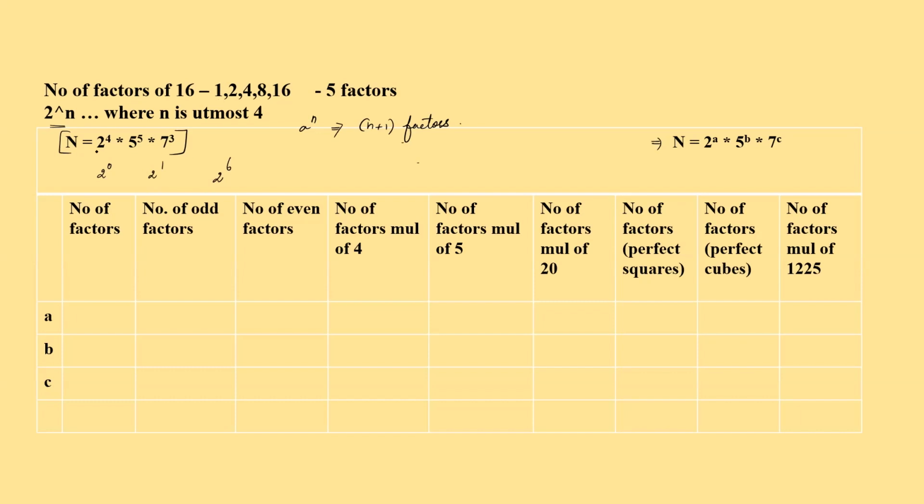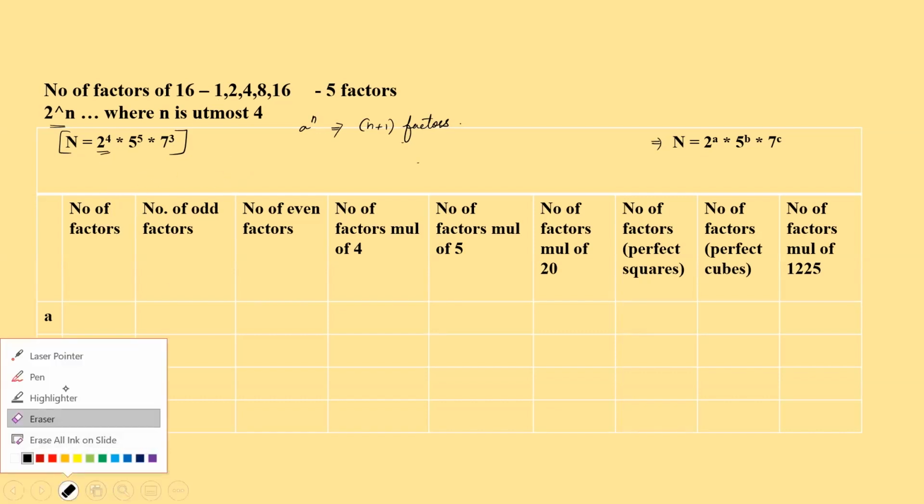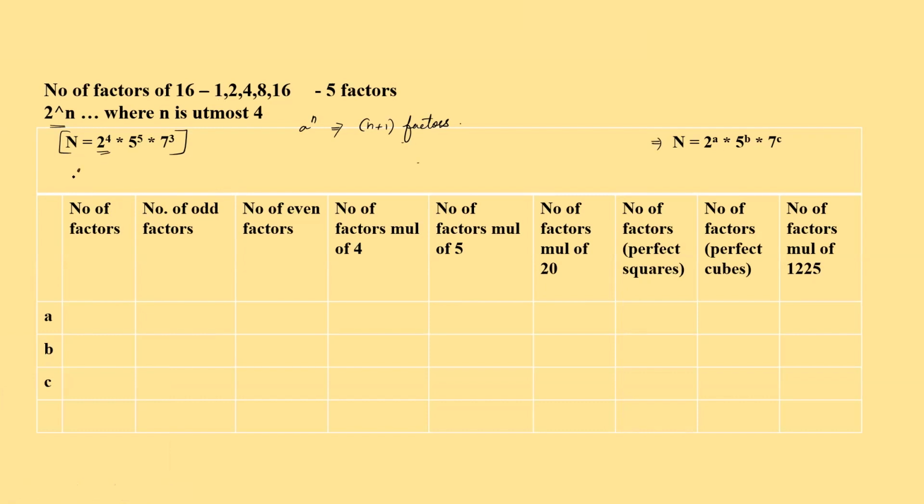Obviously no, because the maximum power of 2 here is 4. So the factors of n in the powers of 2 can go from 2 power 0 up to 2 power 4. That means the value of a can take 0 to 4. How many values are there? There are 5 different values, so a can take 5 different values.